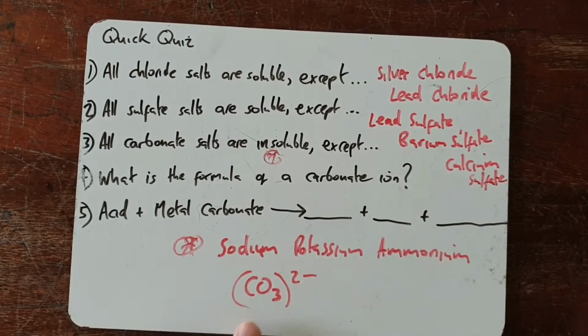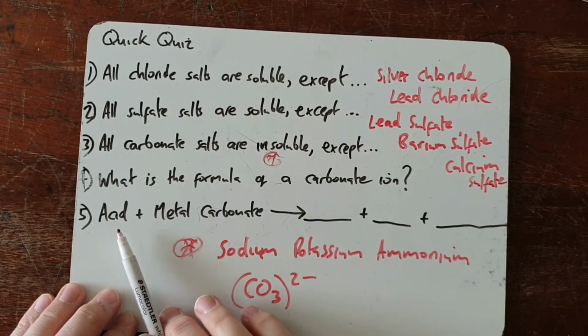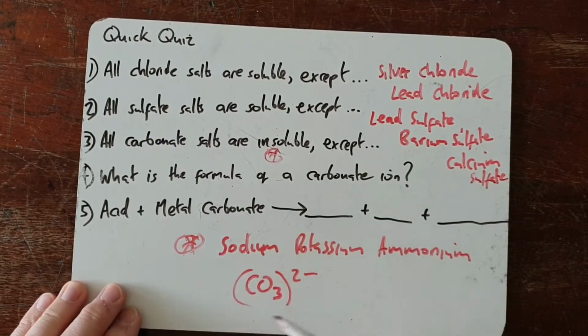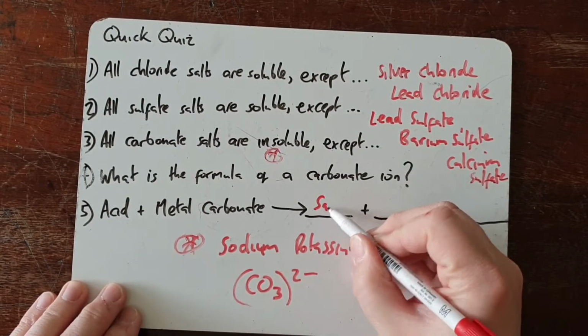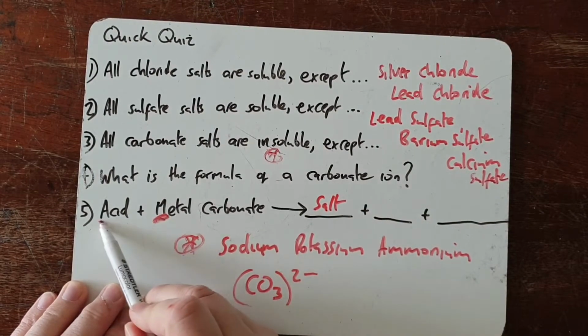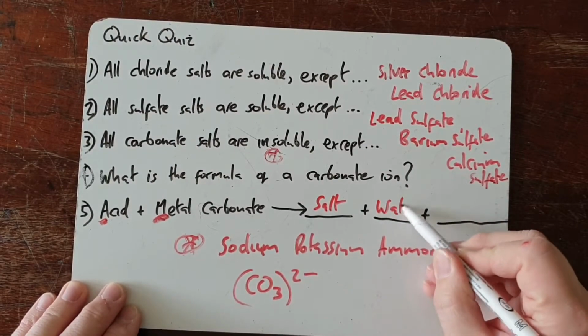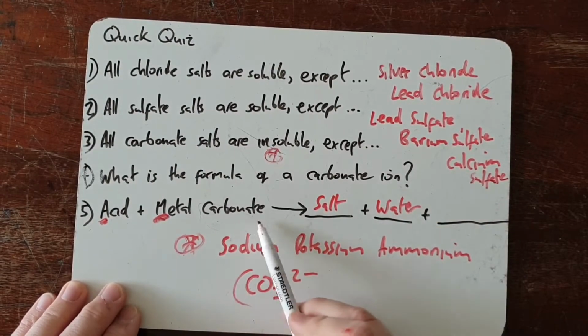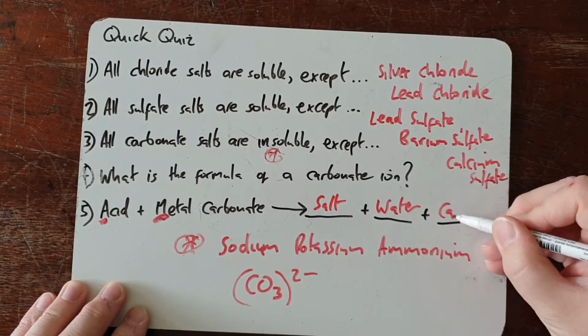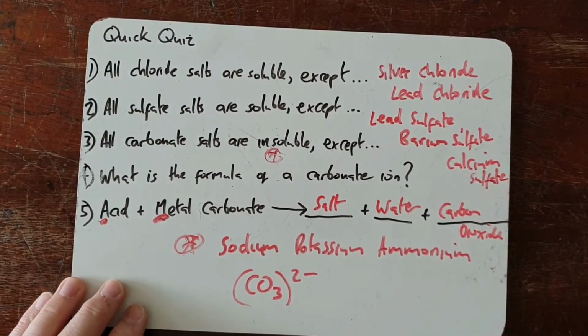So a carbonate ion is CO3. And then how does this work? Back to revision from the acids topic: acid plus metal carbonate, you make your salt. And the salt, remember, part of it comes from the metal and part of it comes from the acid. So you make your salt and water, and also, because there's a carbonate there, you make carbon dioxide. I'll give you an example.